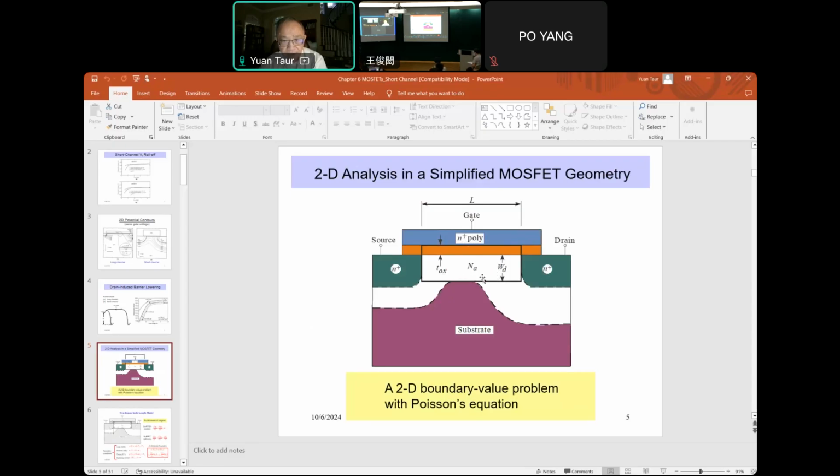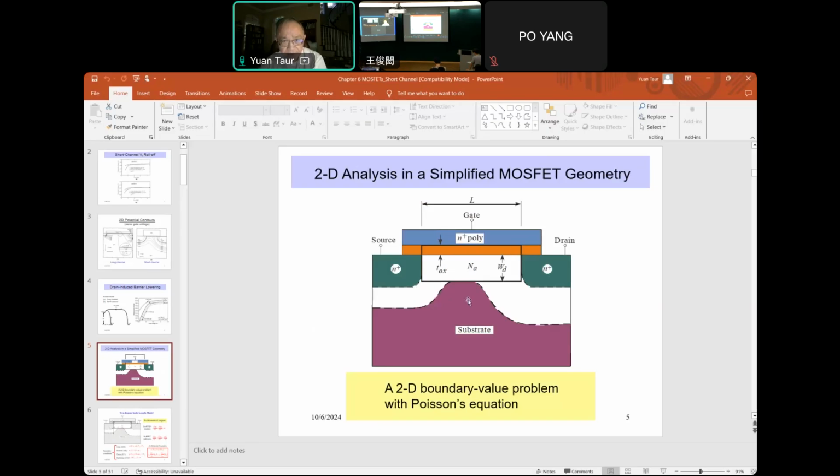Assume that the doping is Na, p-type in the substrate. This wide region is the depletion region. In the depletion region, there are essentially no mobile carriers. Oxide, of course, is also insulating.